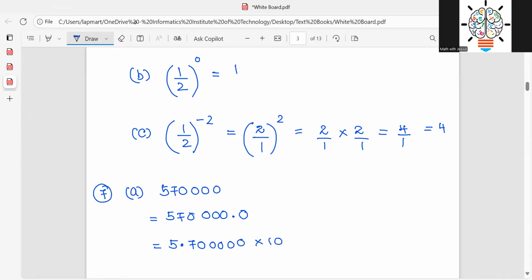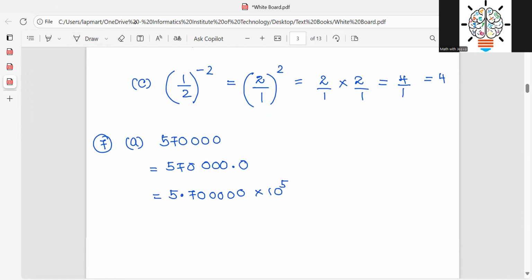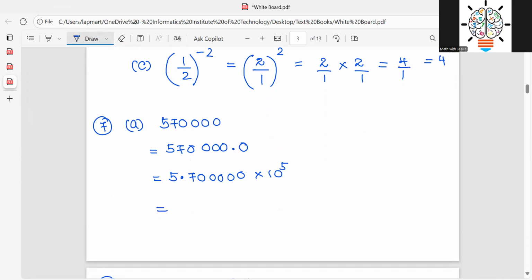How many steps did I come? 1, 2, 3, 4, 5. And there is no point of keeping this many zeros at the end. Therefore, I just write 5.7 multiplied by 10 to the power of 5. So 1, 2, 3, 4, 5. Yes, it is 10 to the power of 5.